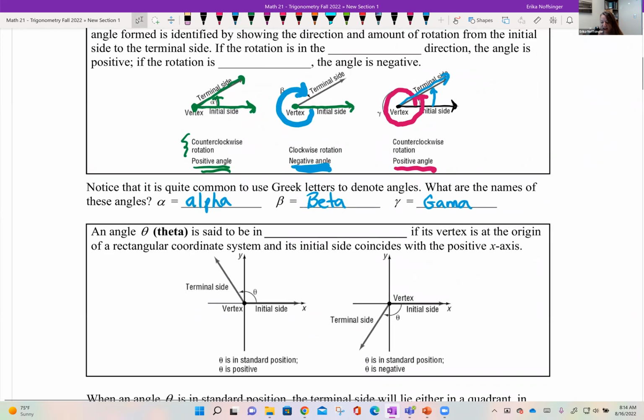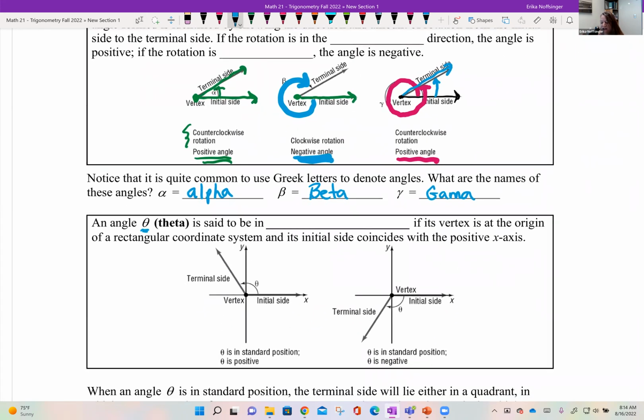So an angle theta right here is said to be in standard position if the vertex is starting at the origin, like we had talked about before, in this rectangular coordinate system, and the initial side coincides with the positive x-axis.